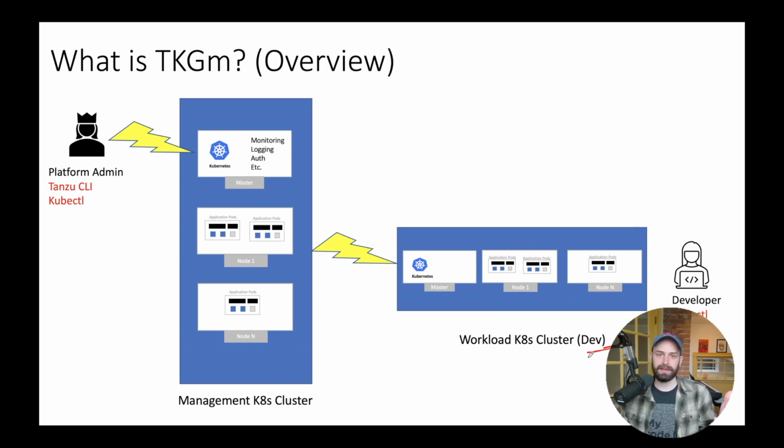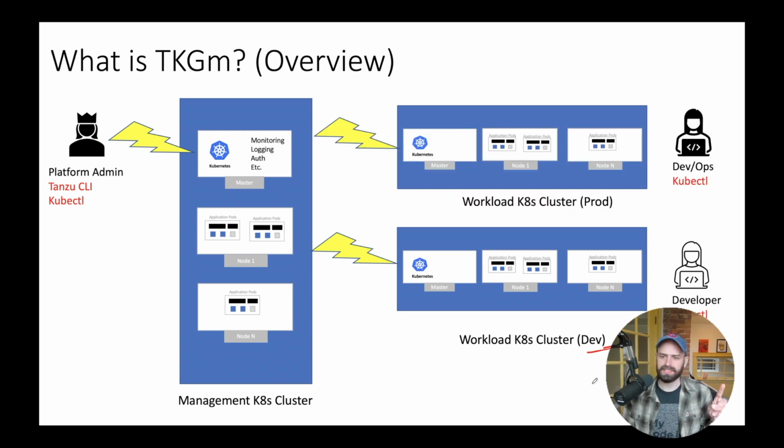But maybe once that application built on that dev cluster is ready to go live, you want to build out a more robust or more scalable cluster. Well, with one other command using that Tanzu CLI, all you would do is type a very similar command, and boom, you could have another cluster for your production environment.